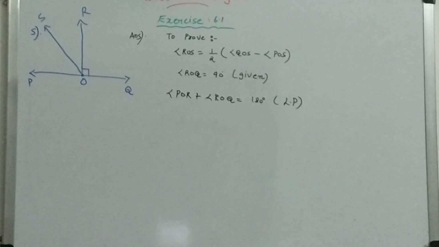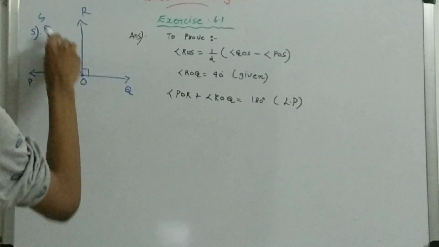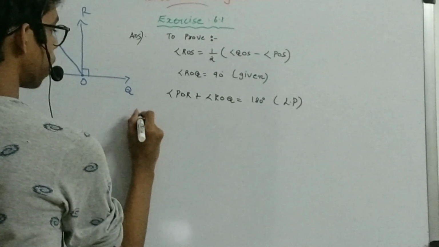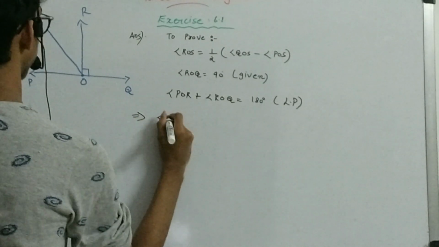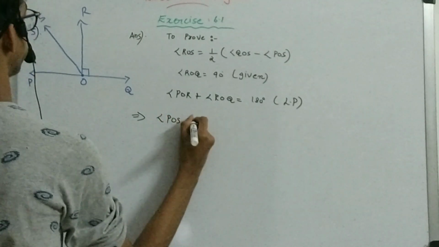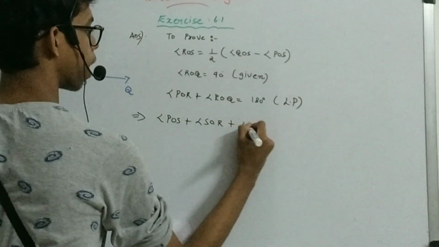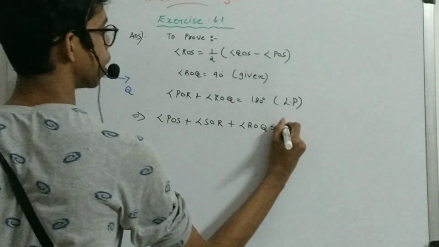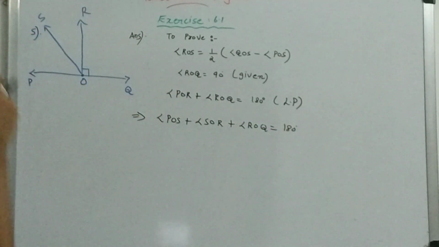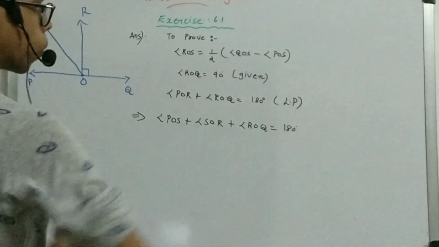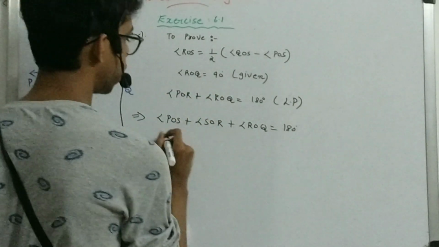Now what can we do? This angle POR, we can split it and write it as POS plus SOR. Isn't it the adjacent angle property? So POR, I am splitting and writing it as angle POS plus angle SOR, plus angle ROQ is equal to 180 degrees. Also, in our question angle ROQ is given equal to 90 degrees.